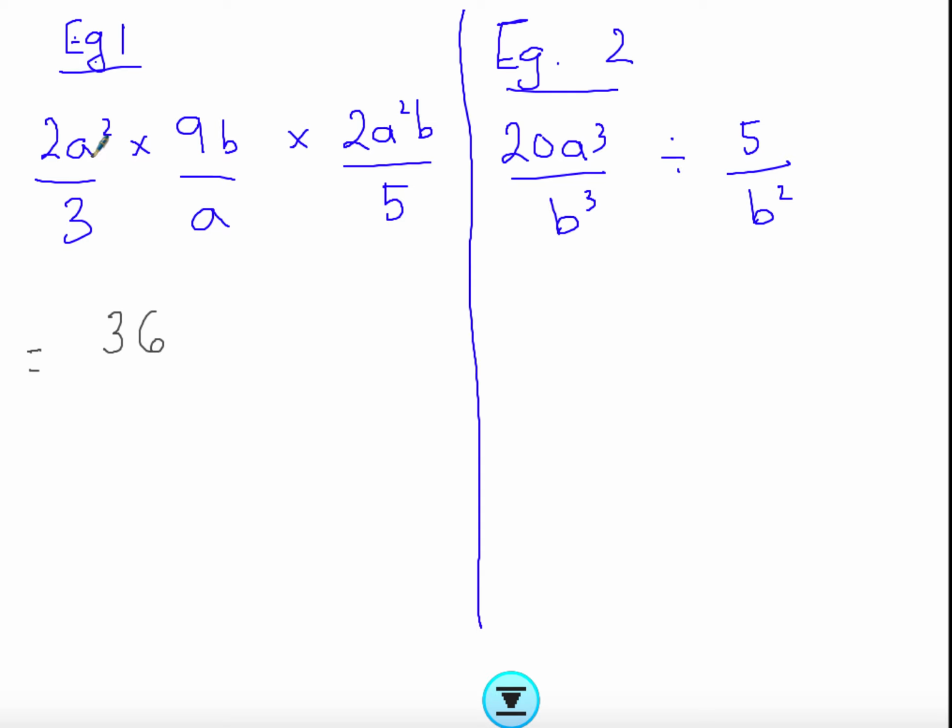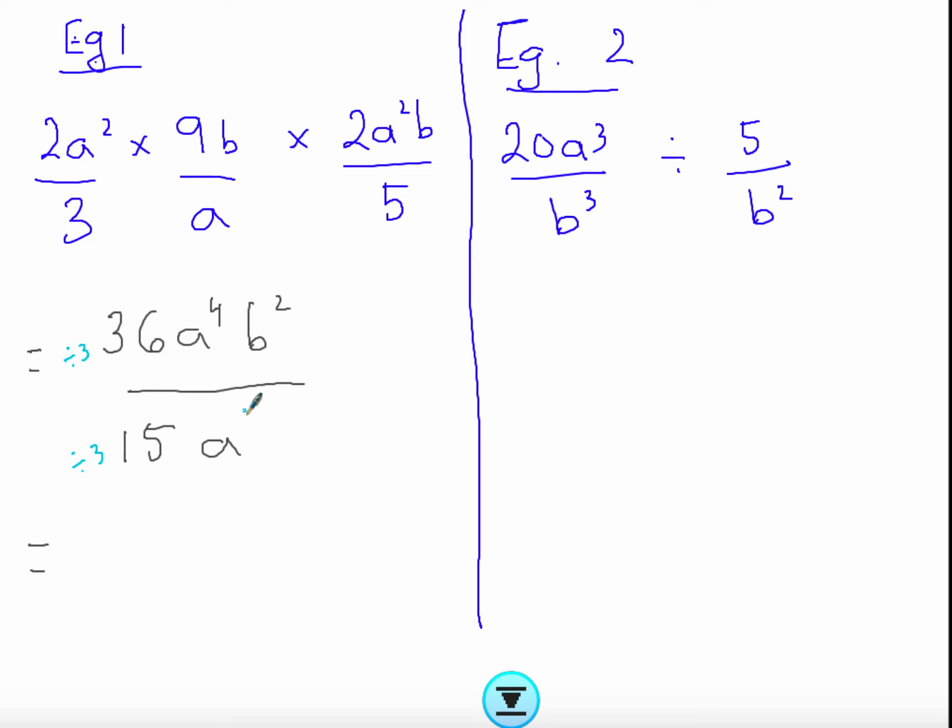Then let's multiply the a's. A squared times a squared would be a to the power 4. And then b times b would be b squared. And then 3 times a times 5 would be 15a. And then I can simply divide by 3: I can consider the numerators first, so I can divide this numerator by 3 and this denominator by 3.